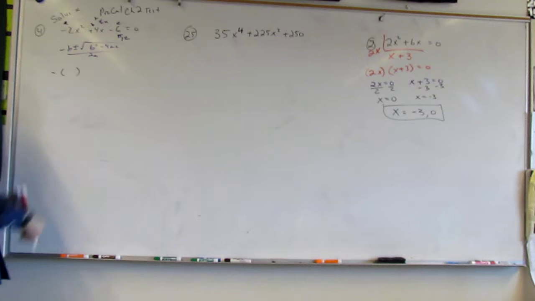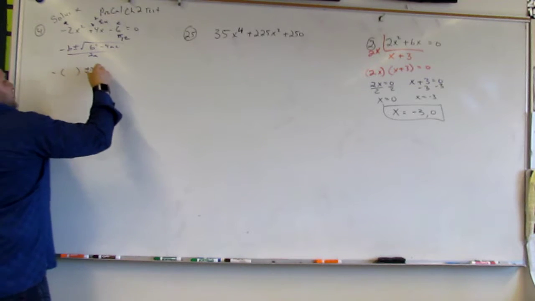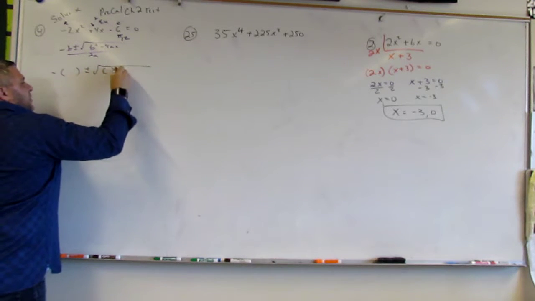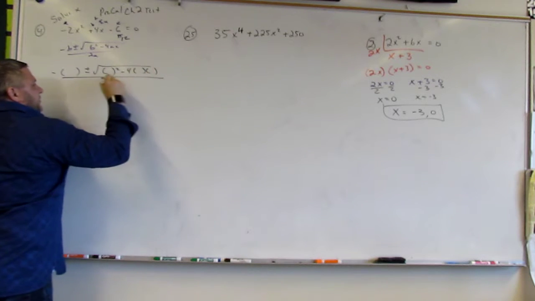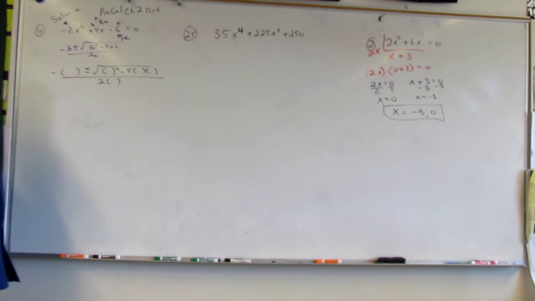Notice when I say the letter, I write the parentheses. It's so important. Plus or minus the square root of b squared minus 4ac all over 2a. And now I start plugging in numbers.